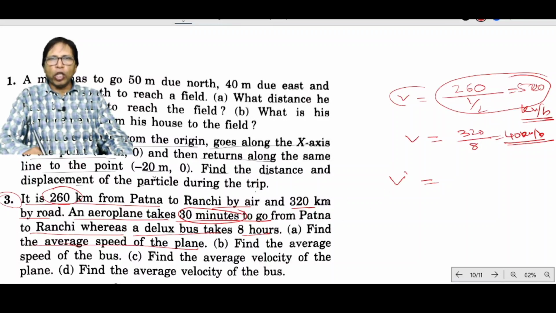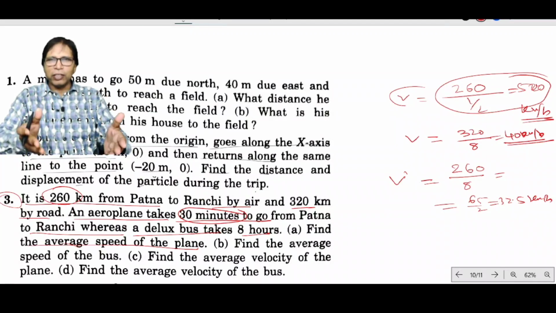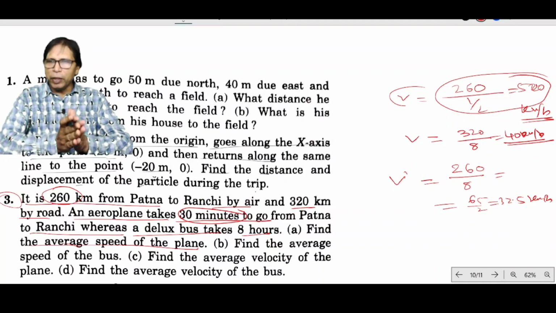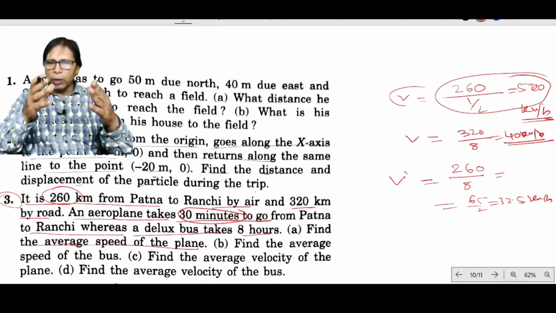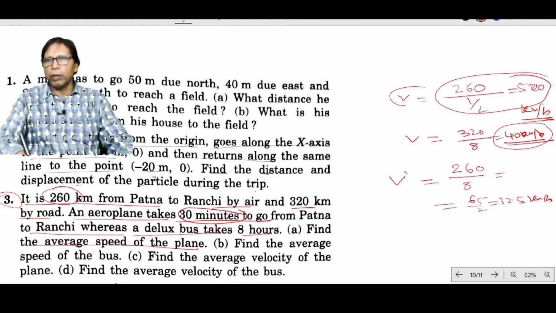But for the bus, the displacement is 260 divided by 8, so this is 65 by 2, that is 32.5 kilometer per hour, the average velocity of the bus. Therefore, average velocity and speed for aeroplane is same, but average velocity of the deluxe bus is 32.5 kilometer per hour and average speed is 40 kilometer per hour.